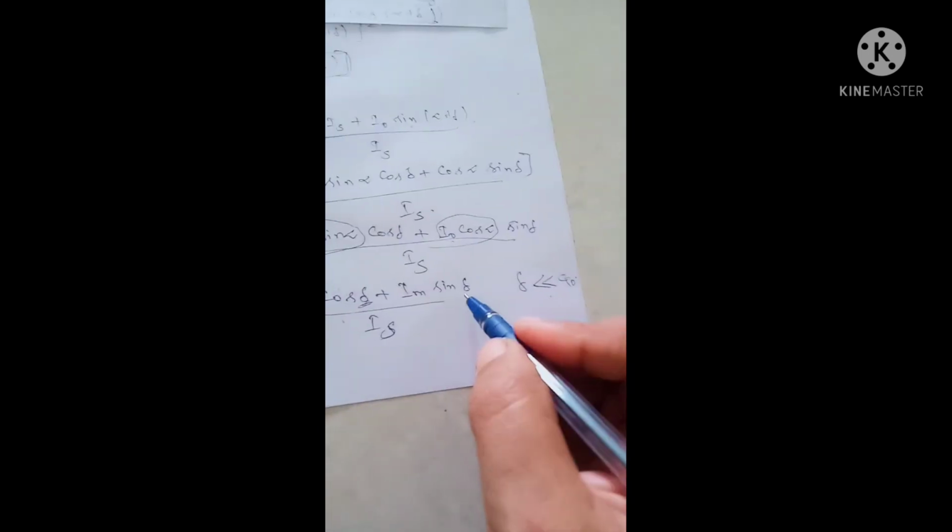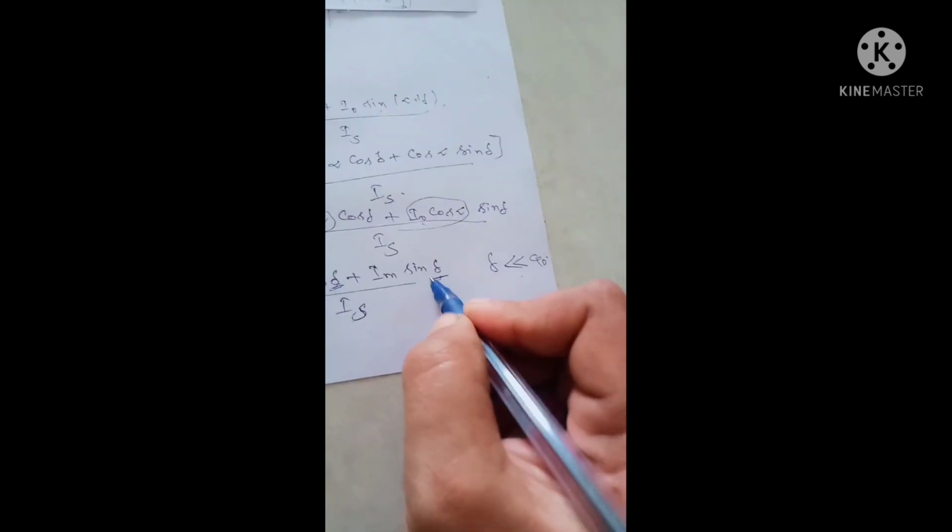So when we substitute, when delta is very much less than 90 degree, cos delta will be 1, sin delta will be 0.